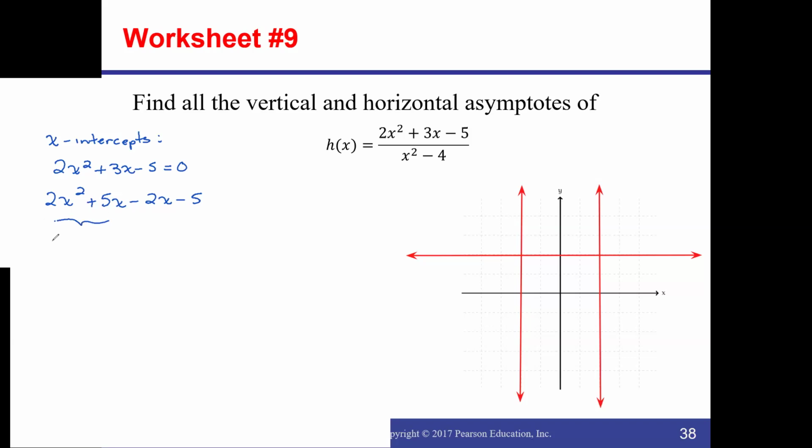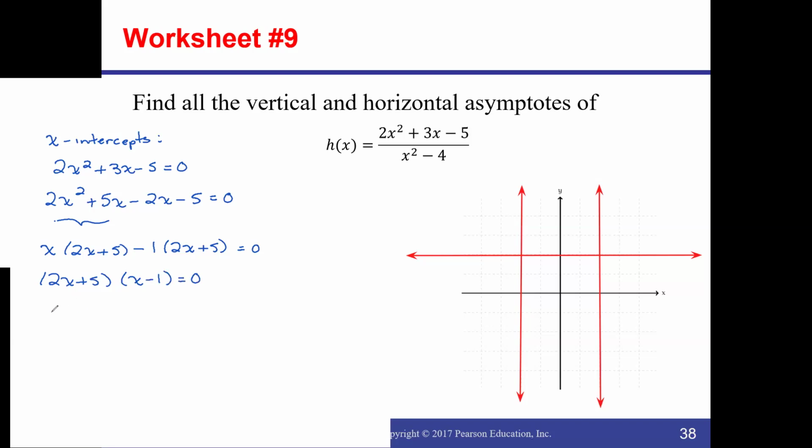Factoring by groups, I can factor out an x, and I'm left with 2x plus 5. Here I can factor out a -1, and I'm left with positive 2x plus 5. I can factor out my 2x plus 5, and I'm just left with x minus 1.